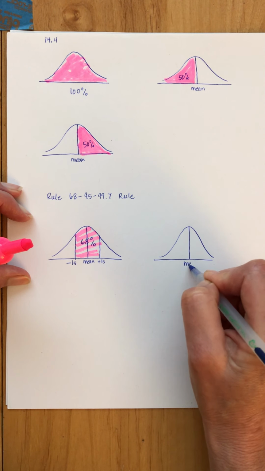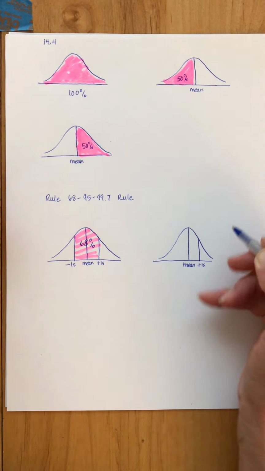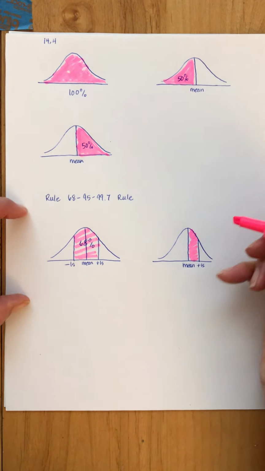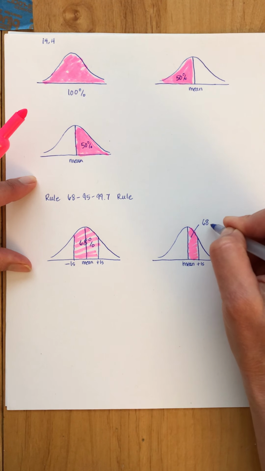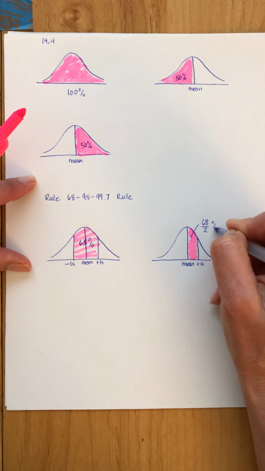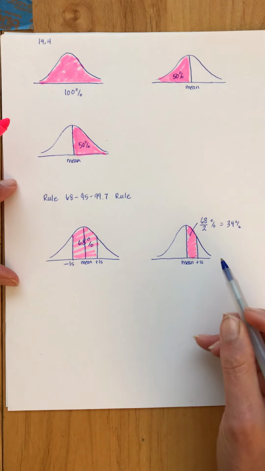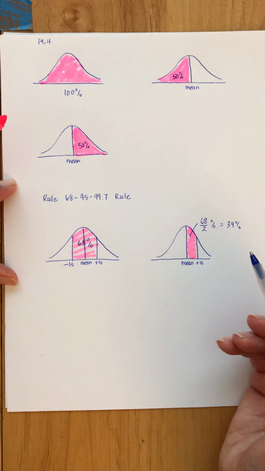Because this line is in the middle, what does that mean for this then? If we have the mean here and we just go up one standard deviation, what percent does that have to be? That has to be 68 over 2, or 34%. Hopefully that makes sense. If this whole thing is 68, what is half of it? 34.